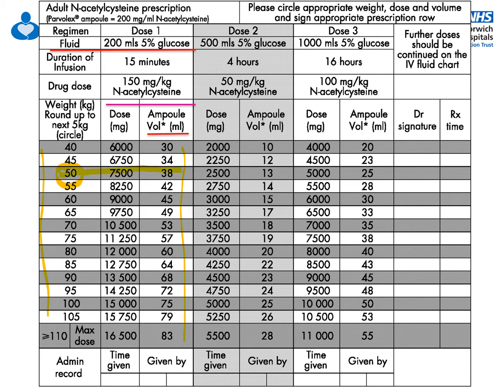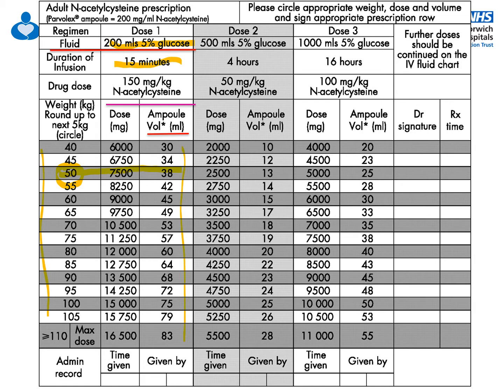So if our patient weighed 50 kilograms, then we need 38 mils of Parvolex going into 200 mils of glucose. And then that is going to run over 15 minutes, which usually goes through a pump.